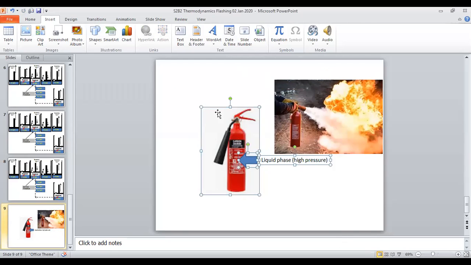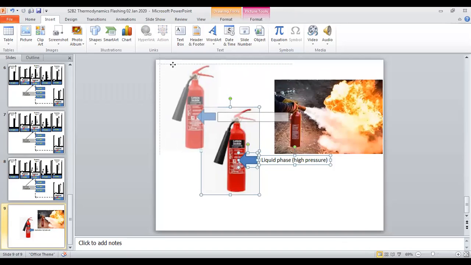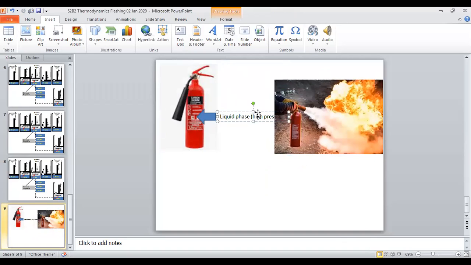I've never used a fire extinguisher. This is in liquid phase. And when you are using this, at the time of using, that's why sometimes we use the properties really matching with the applications.